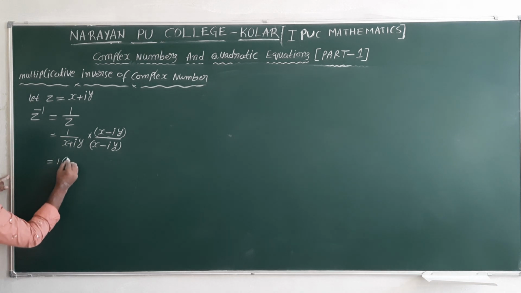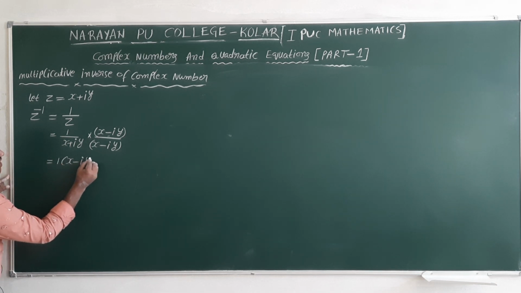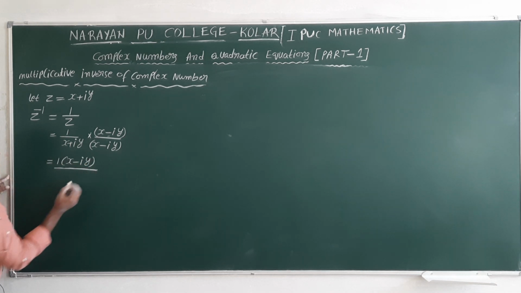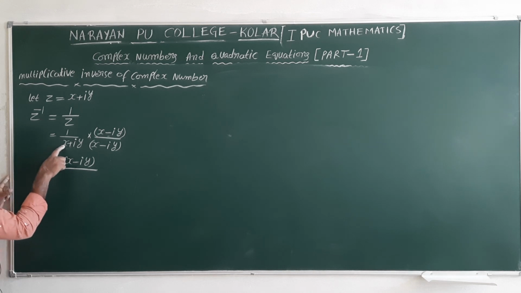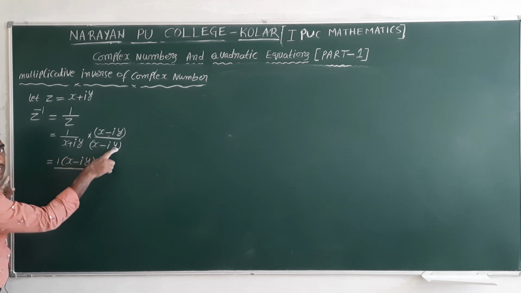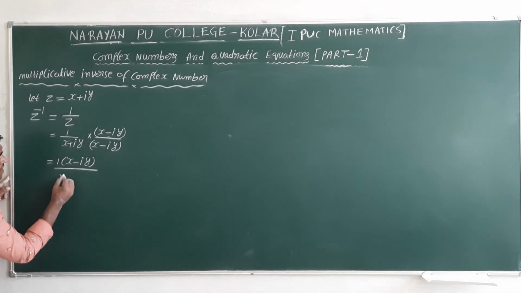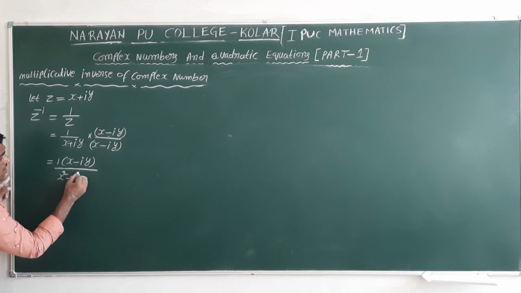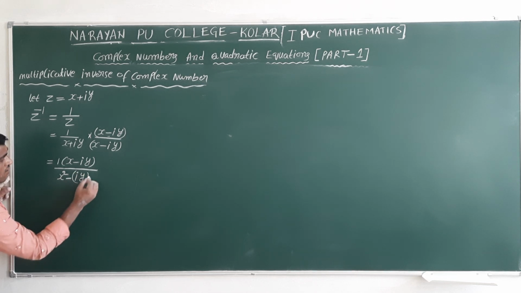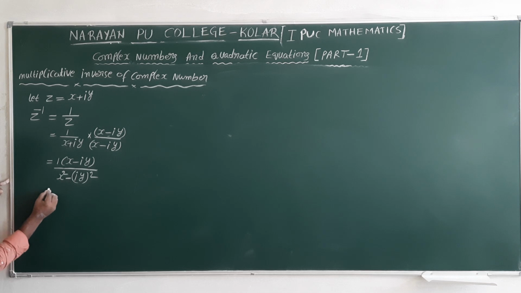So 1 into x minus iy, you can write directly. The denominator is in the form of a plus ib into a minus ib. We know the formula for a plus ib into a minus ib is a square minus b square. So x square minus iy whole square.